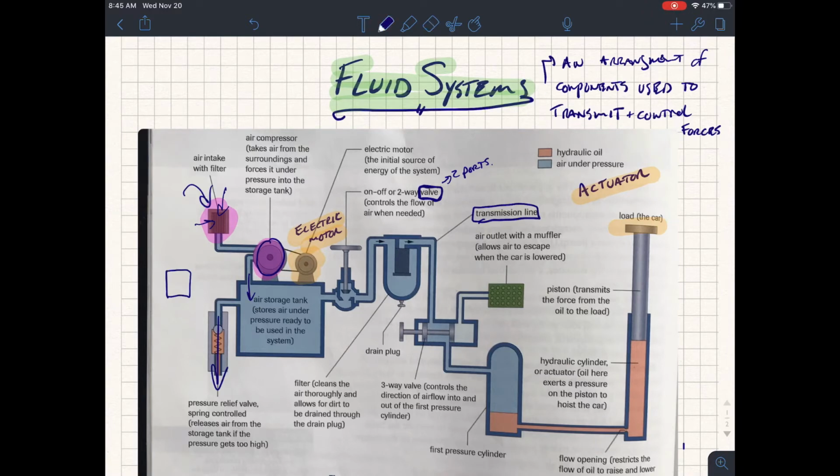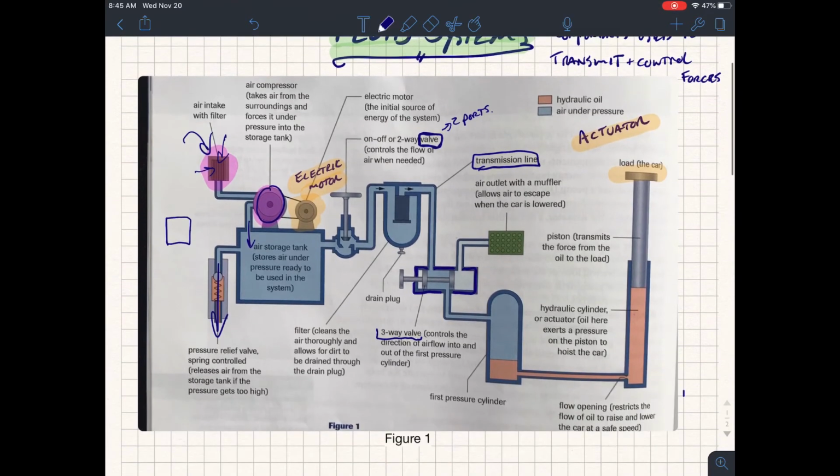Okay, here we have the next part. The one I'm outlining in blue is another valve. This is a three-way valve, and that means a couple of things. Number one, you can see that it has three ports, three conduits connecting to it. That's why it's called a three-way valve.